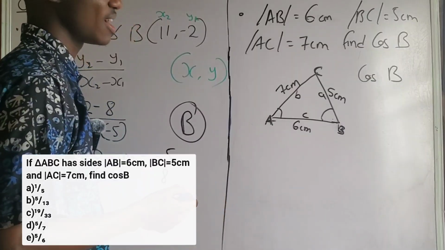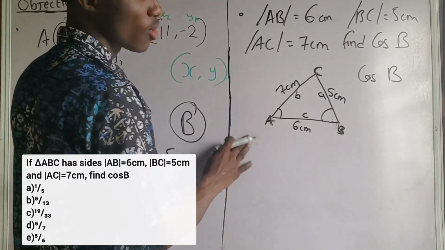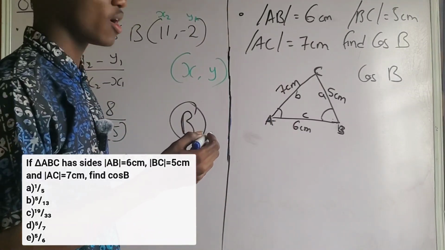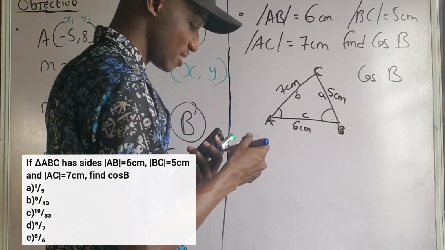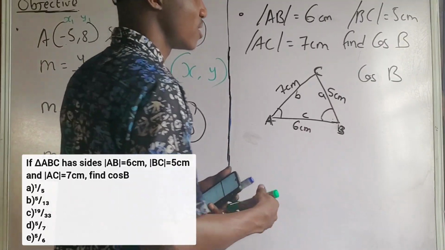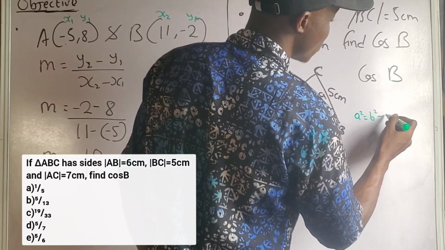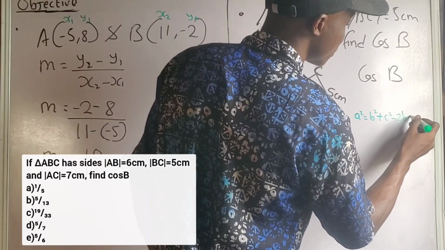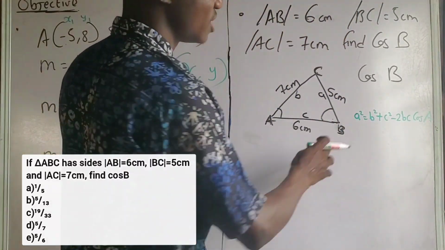According to the cosine rule, a squared equals b squared plus c squared minus 2bc cos A. Let me help you understand the rule.